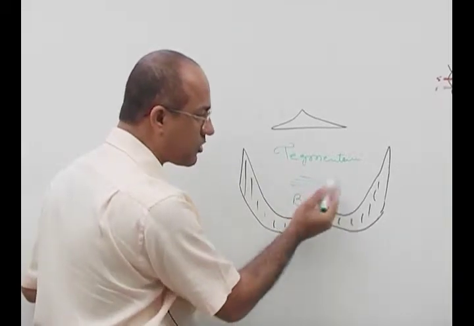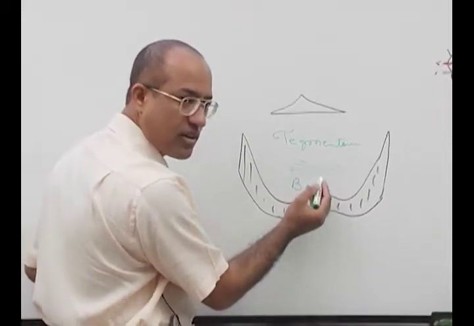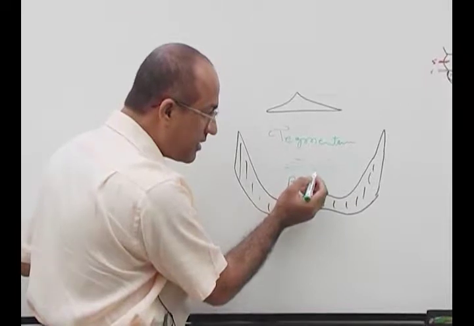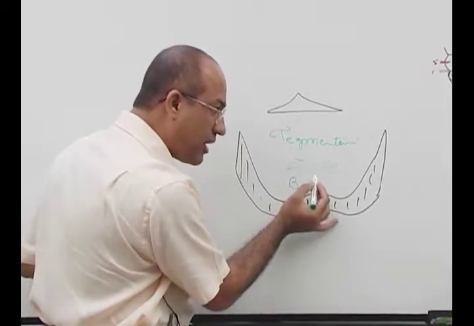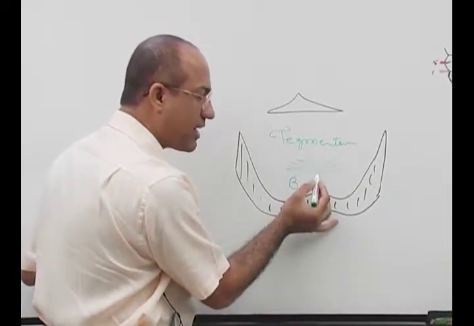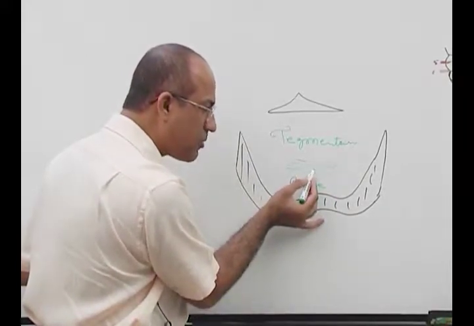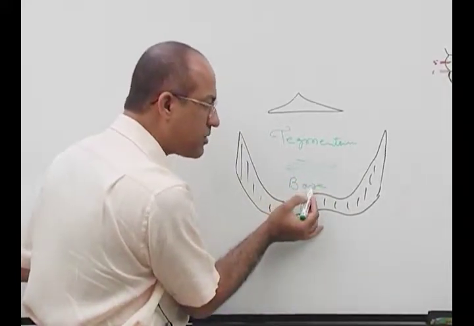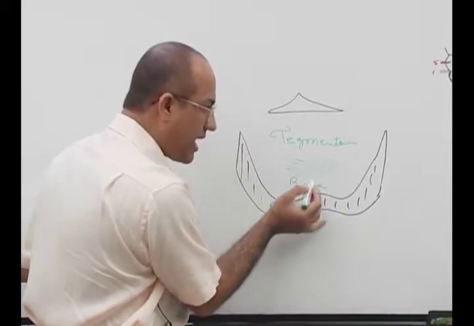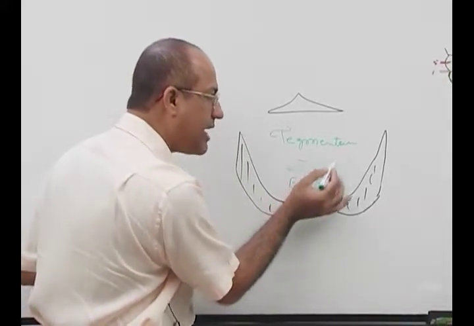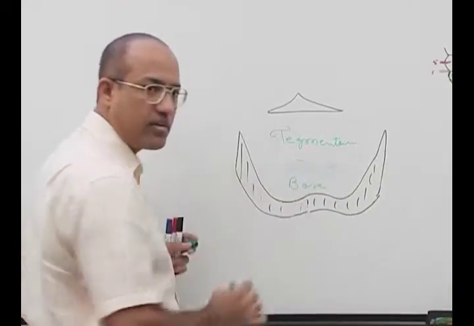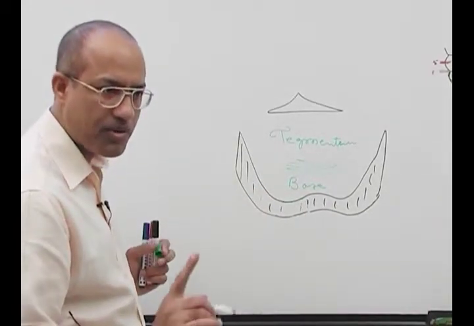Here you find a lot of horizontally crossing fibers, is that right? And it is related with the cochlear system. I will explain in 1 minute, but the substance of the pons anterior to the trapezoid body is the base, and the trapezoid body and posterior to it, that is the tegmentum of the pons.